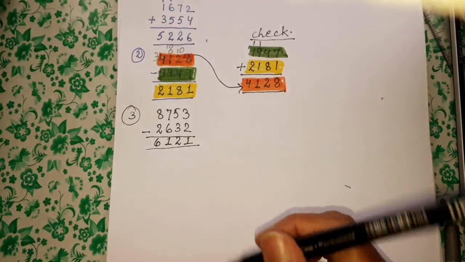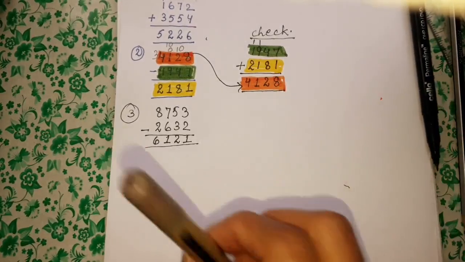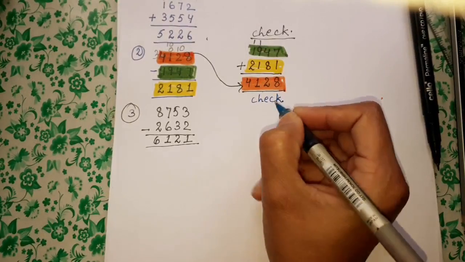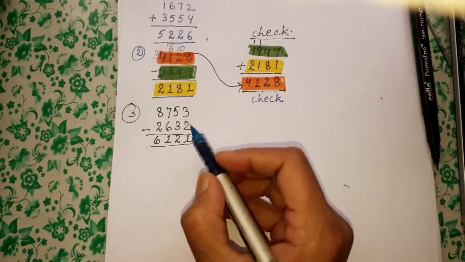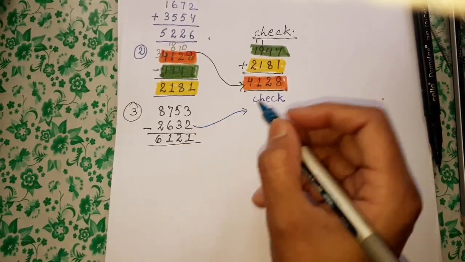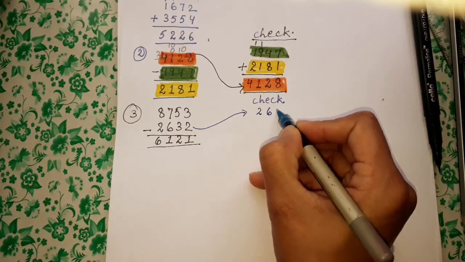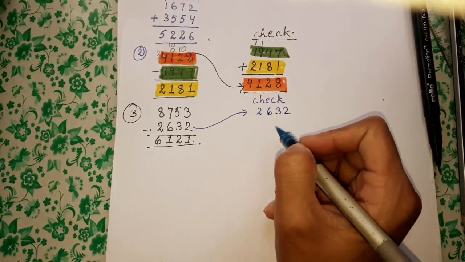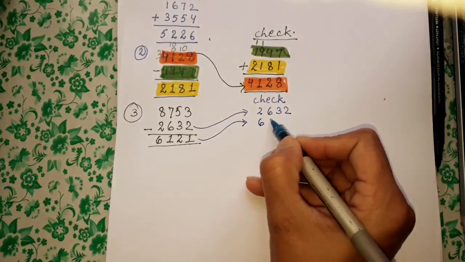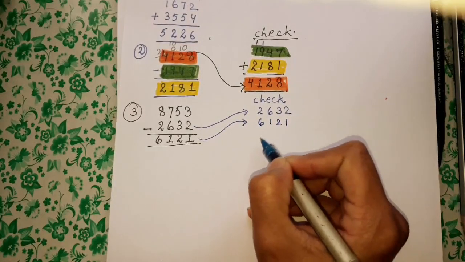Now, what we have to do next? We have to check our answer. For checking our answer, what we have to do? First, write your subtrahend. What is our subtrahend? 2632. And what is our difference? 6121.